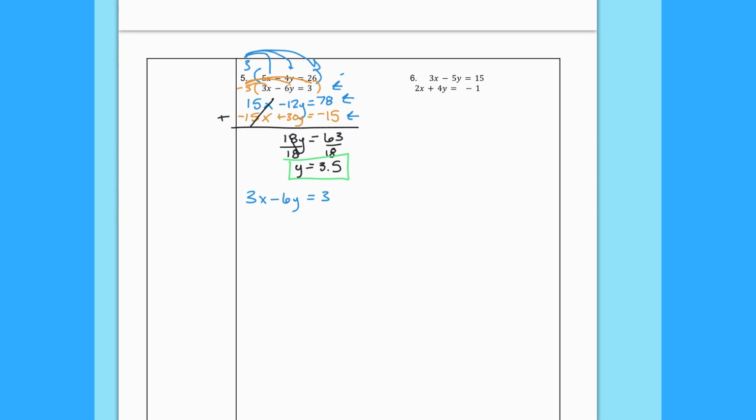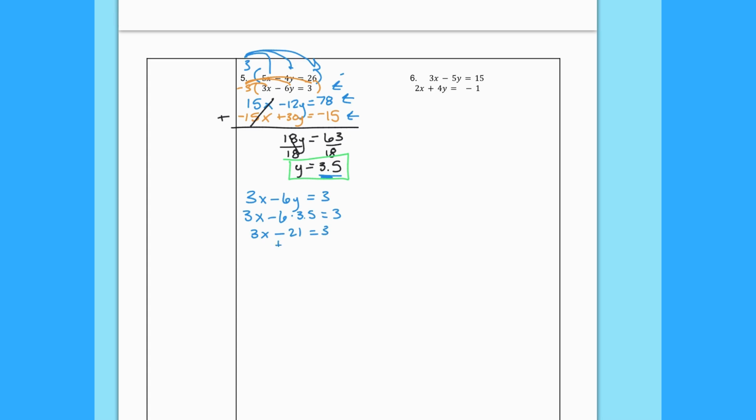And then what we're going to do is plug in the y value that we found. So we found that y was 3.5. So 3x minus 6, but instead of 6 times y, it's going to be 6 times 3.5, because that's our y value, equal to 3. And then we can simplify. We're just going to do 6 times 3.5, and we get 21.